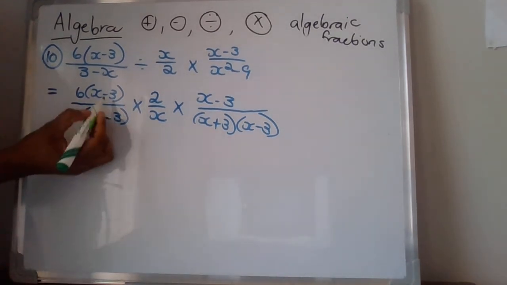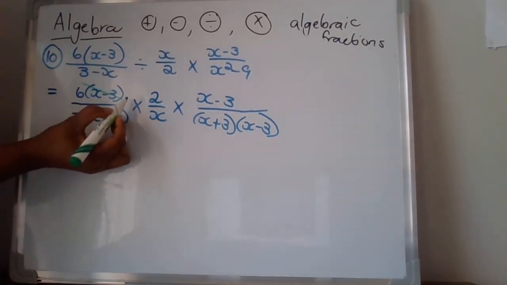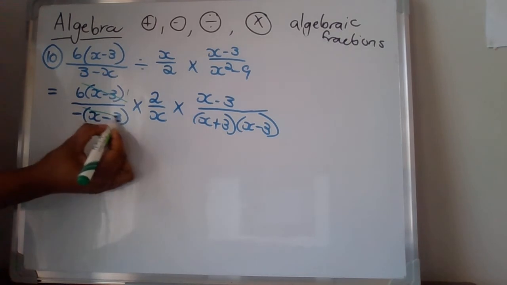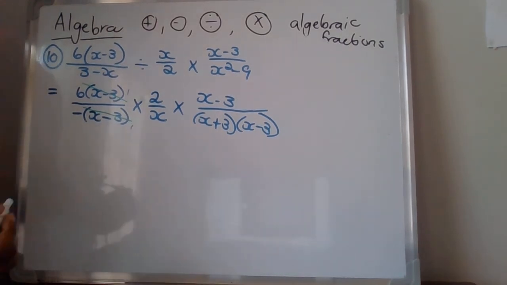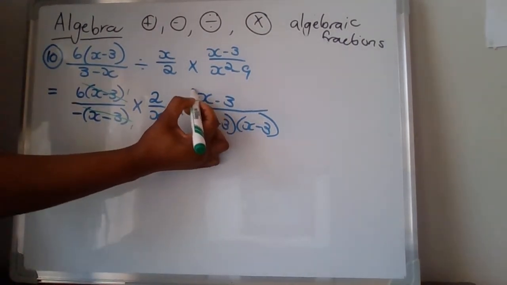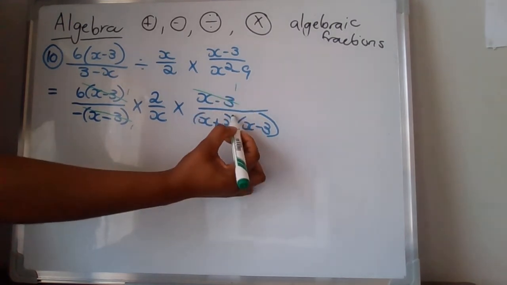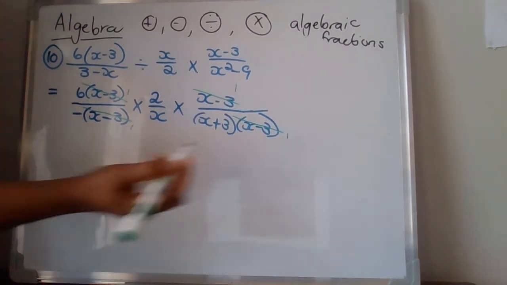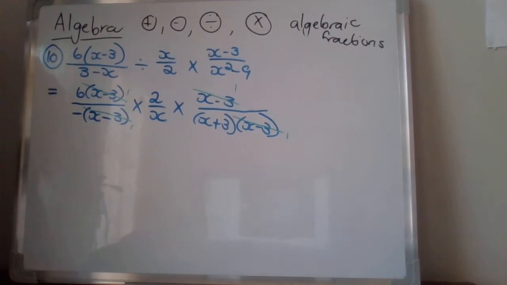So here I have x minus 3 divided by x minus 3. Here as well I have x minus 3 divided by this x minus 3. So now let's write down what am I left with.